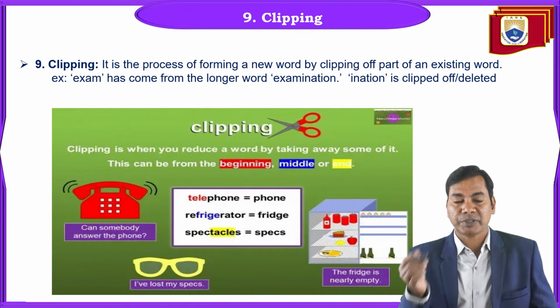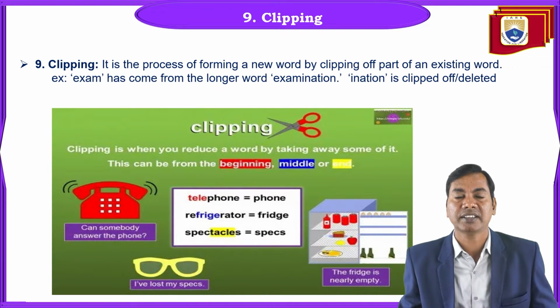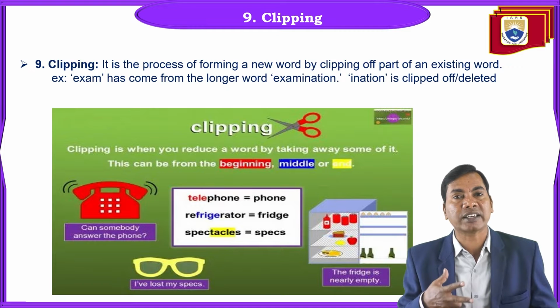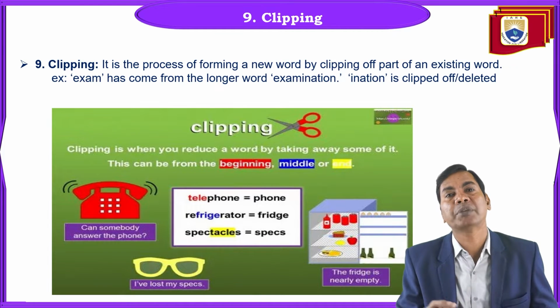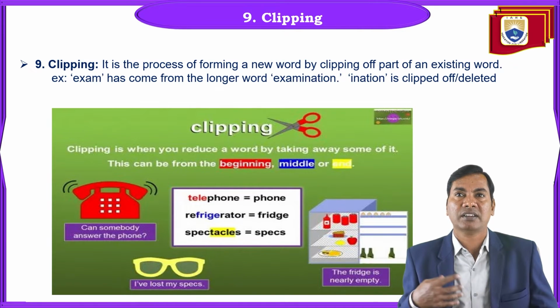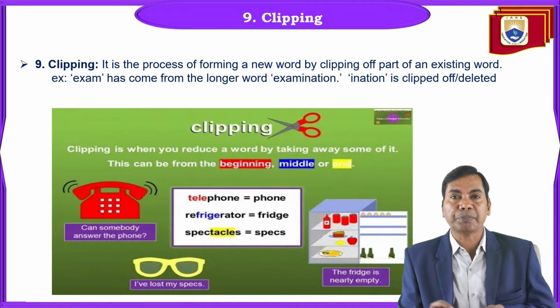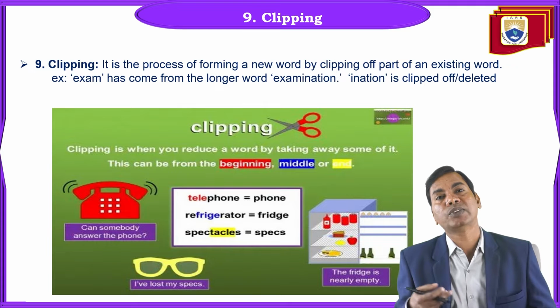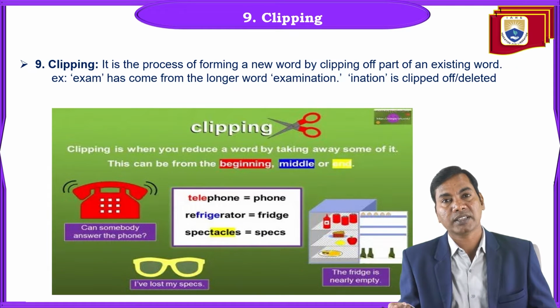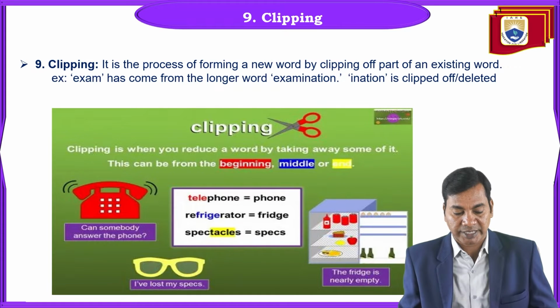If you look at the picture, you would find scissors, right? We scissor the word, we cut a certain part of the word to form a new word. That is what is called clipping. This is very popular in the English language to create new words, right? That's why I mentioned scissors there on the slide.